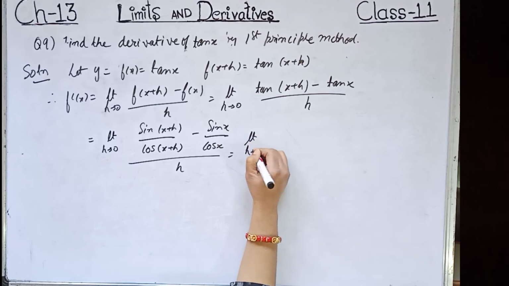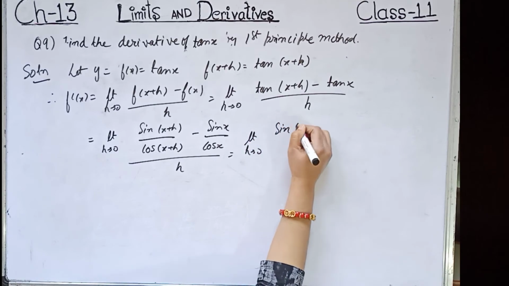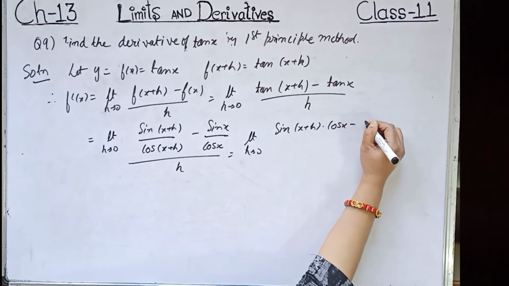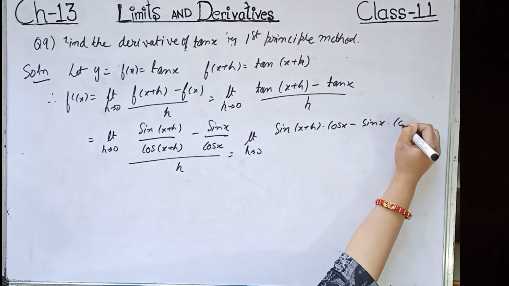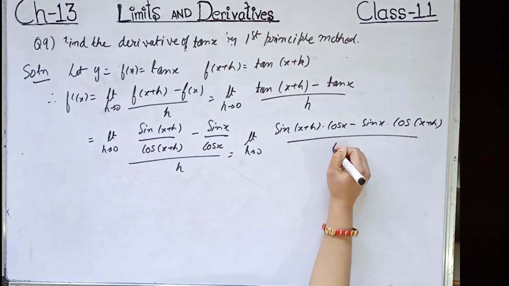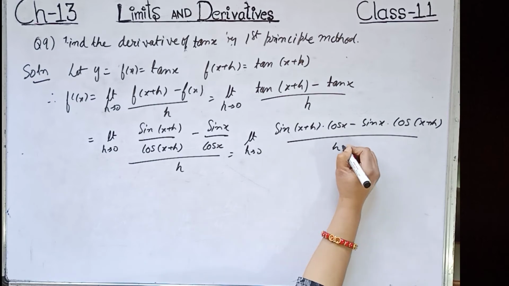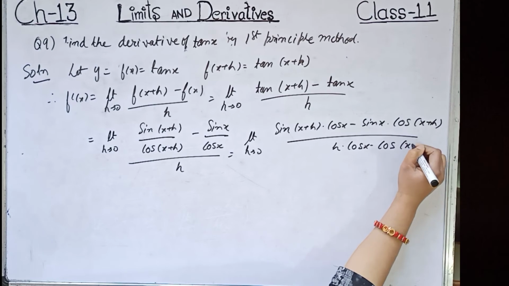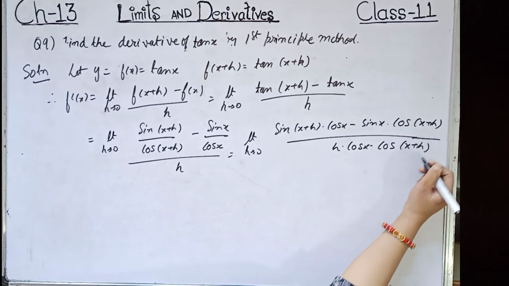Let us solve it, children. Sin of x plus h into cos x minus sin x into cos of x plus h, divided by h into cos x into cos of x plus h.